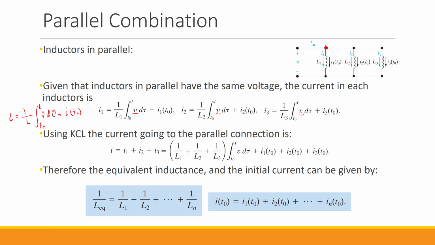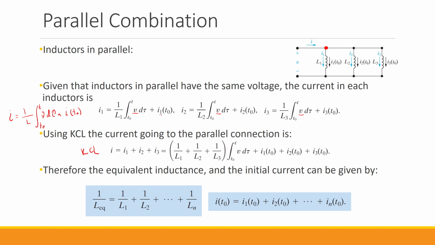So now if we write the KCL equation for this node, we see that I, the current that enters this combination, should be equal to I1 plus I2 plus I3.